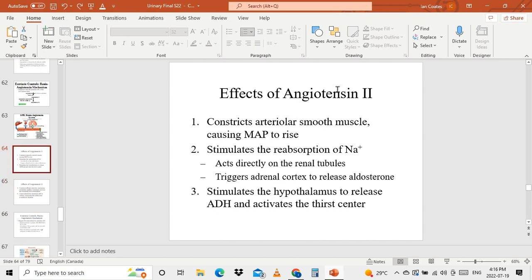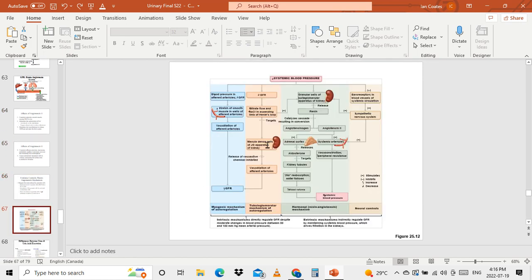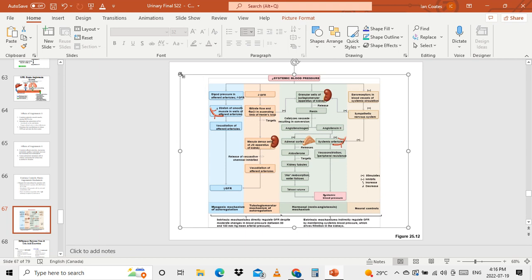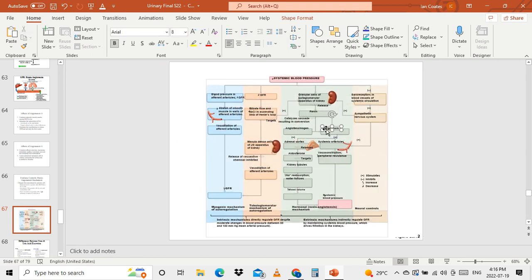Okay, effects of angiotensin 2. Watch the videos. Don't worry about these ones here. There's this one here. Now, sorry. The systemic blood pressure. You guys can have a look at this.